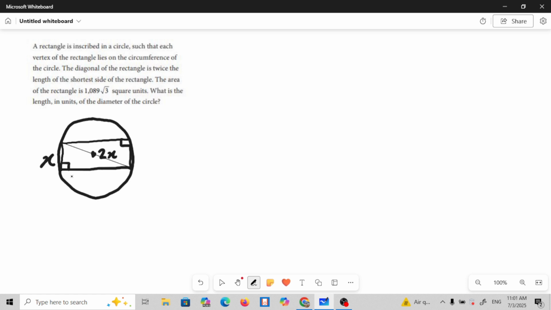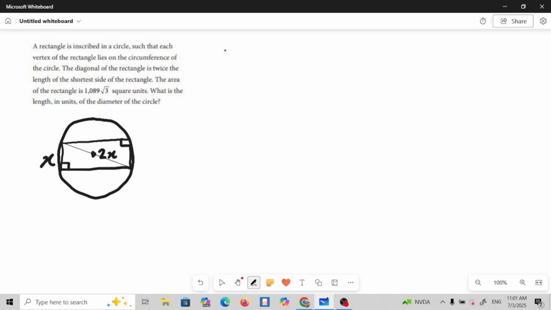So we need to find this other side of the triangle, which also happens to be the other side of the rectangle, and then we'll multiply this other side by x and set that equal to 1089 times square root of 3 square units, and from there we'll calculate the value of x. So let us find the length of this other side of the rectangle.